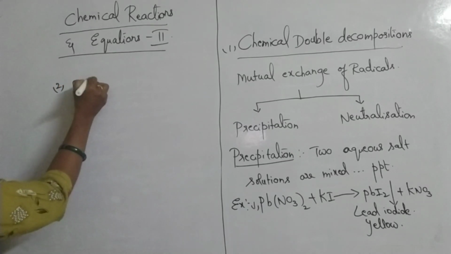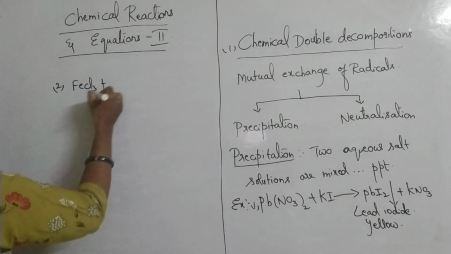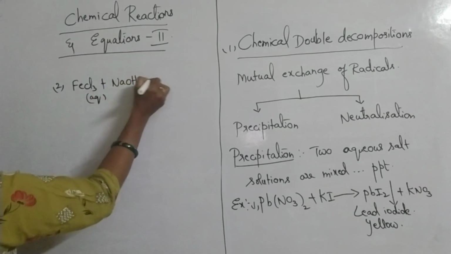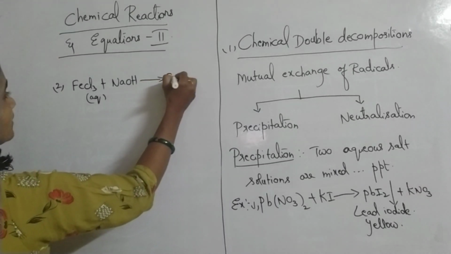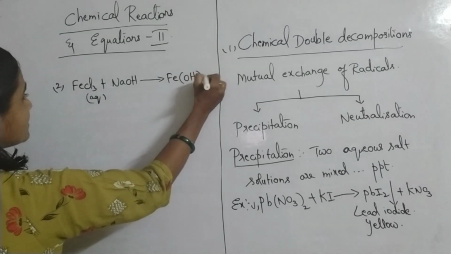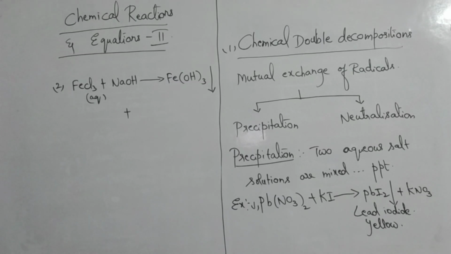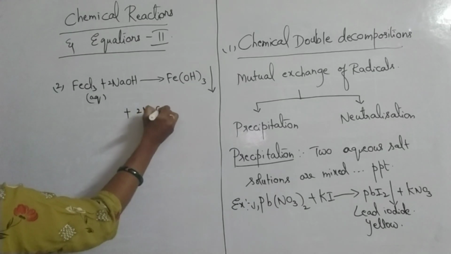See here, FeCl3, ferric chloride. An aqueous solution of ferric chloride reacts with an aqueous solution of NaOH. You will get Fe(OH)3, which is the precipitate formed, plus 3 NaCl.